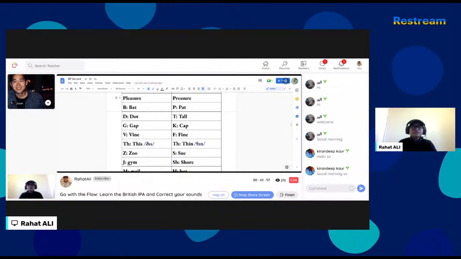So the unvoiced th symbol is like the Greek theta, and the voiced th symbol is like delta. So this, sometimes some people say dis. Actually, it is not dis; it's this. Remember that. And this is unvoiced thin, not tin.